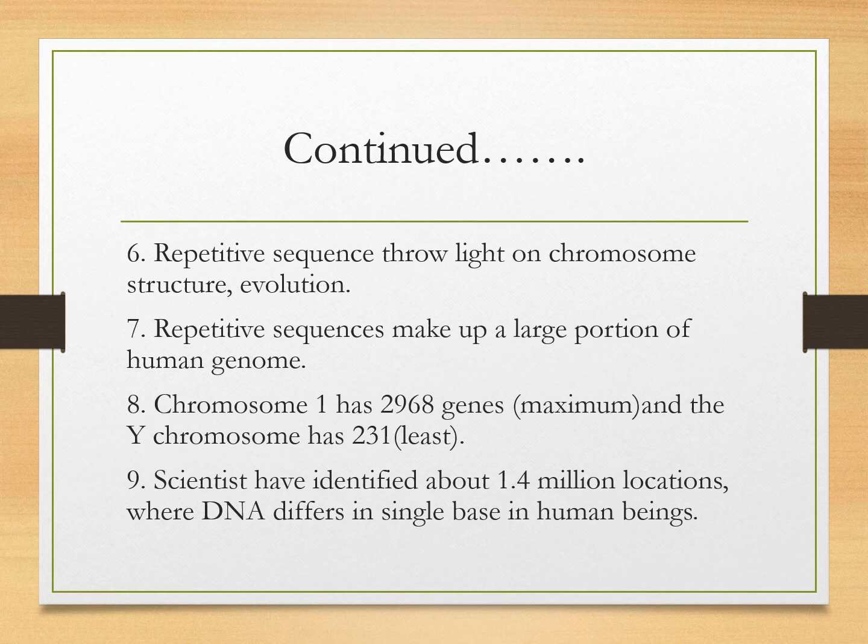Scientists have identified about 1.4 million locations where DNA differs in a single base only. Okay, the same sequence is there and it differs by only a single base. This is one of the findings.